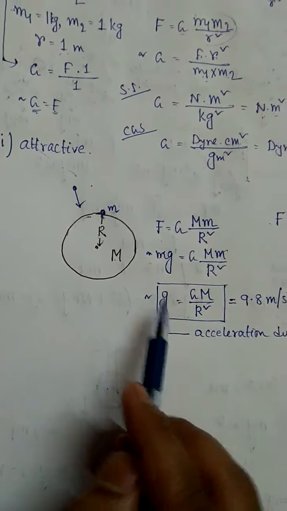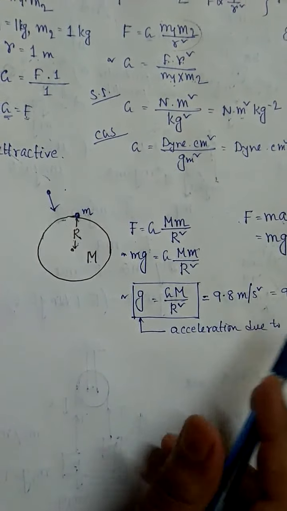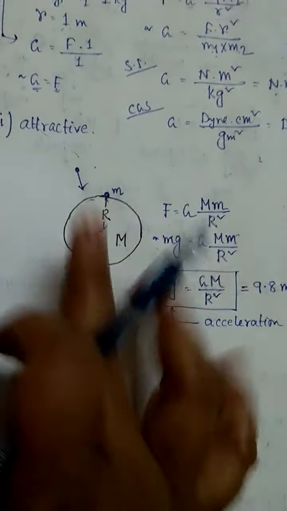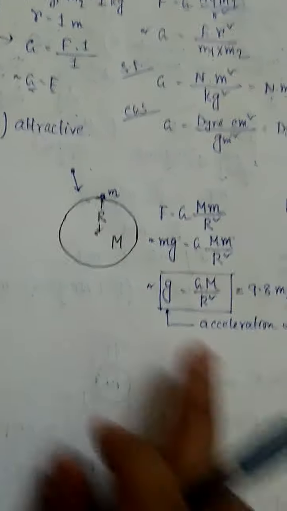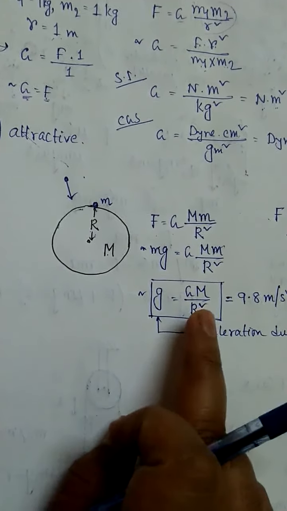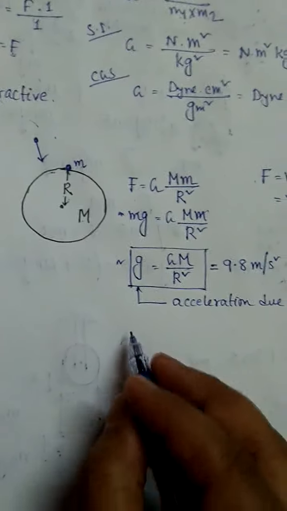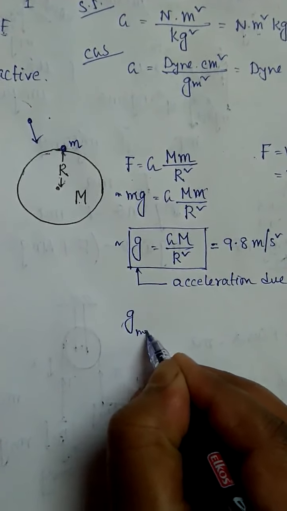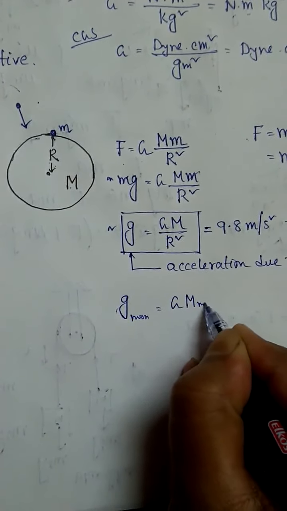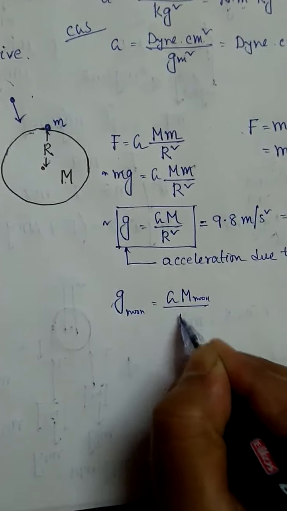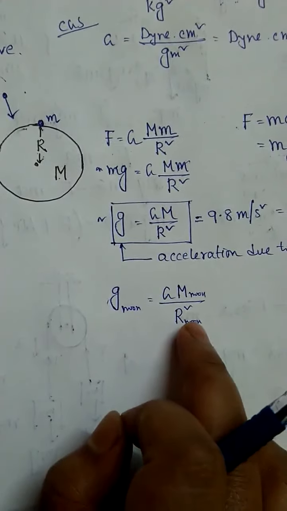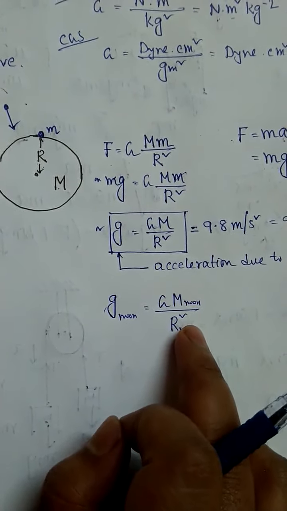Now I am giving you an example. What is the value of g on Earth? That is 9.8 meter per second square. Now what is the value of g on Moon? Basically, the value of g on Moon we can calculate very easily. So g Moon is equal to G into mass of Moon by radius of Moon square.